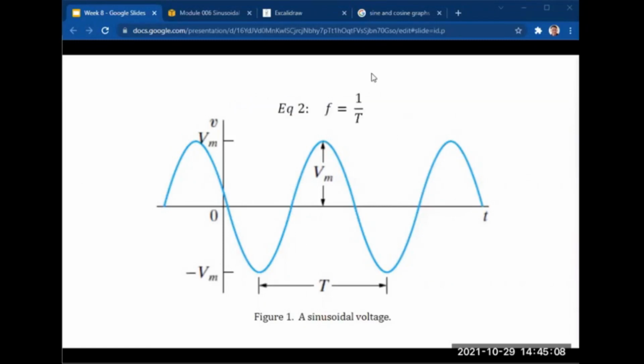Next, we have frequency. I'm sure you have heard about frequency a lot. If you are still confused about what frequency is, for example, you are tasked to write the letter A on a blackboard and you are given 10 seconds to write as many letter A's as you can.